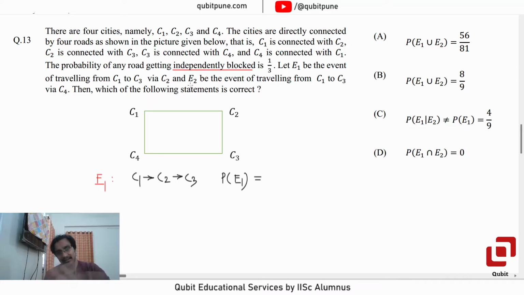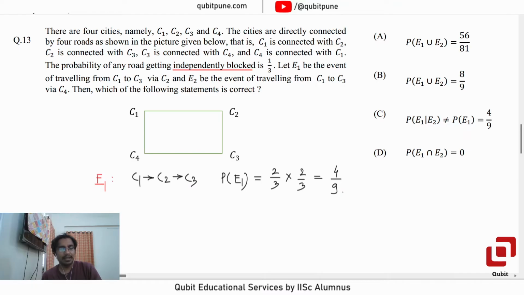Now all these road closures are independent, right? And any one road being blocked is 1 upon 3. So the probability that C1 to C2 is not blocked is 2 by 3. And so, multiplication: C2 to C3 is also not blocked, so that is 2 by 3. So that's 4 by 9.